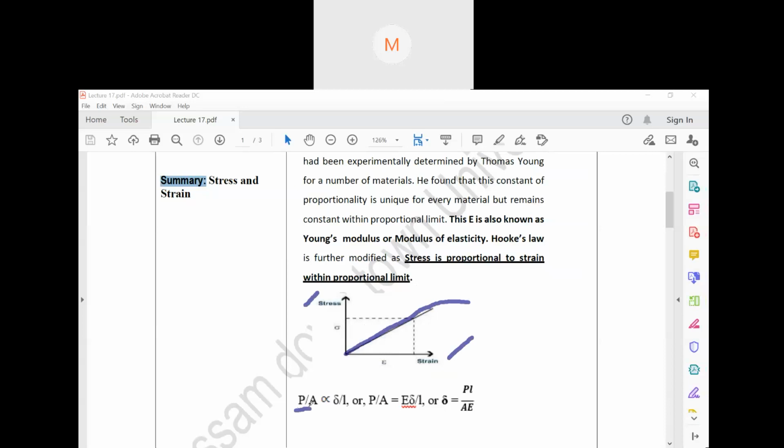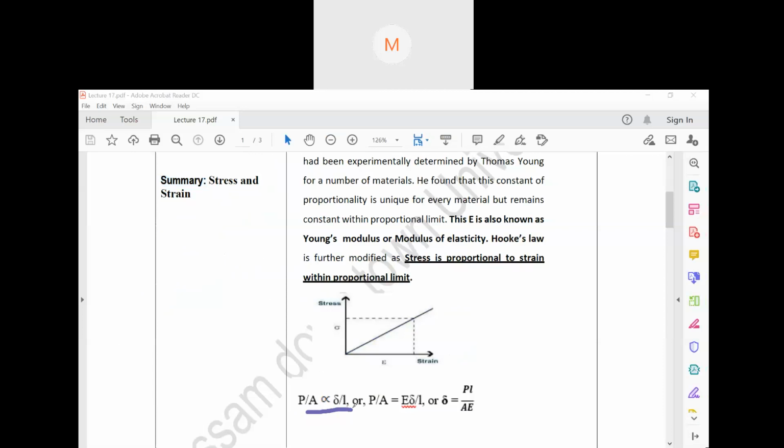That means P by A. Just now we discussed F by A. Yesterday I said F and P are the same things, just denoted differently.